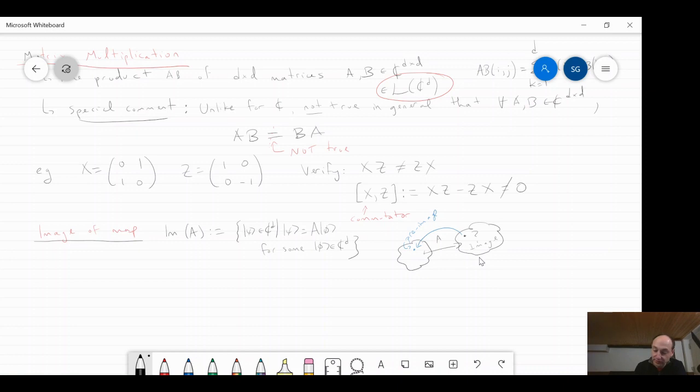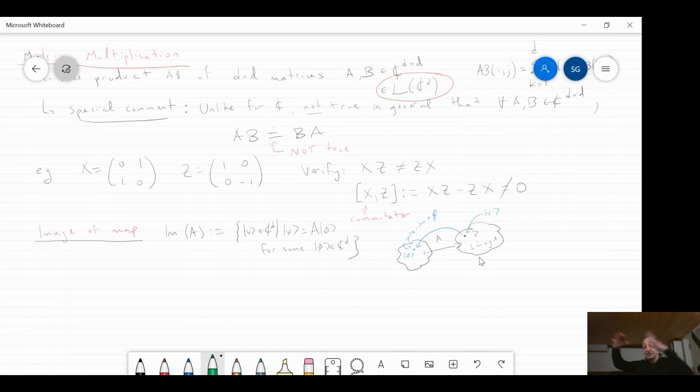Okay, so in this picture, let's be very clear. In this picture over here, this one here is going to be my psi. So this set is a set of all output vectors psi over here, such that there was some pre-image phi I could have started with and shoved phi through the map to get back to psi. Okay, and that's what this phi is. There's some phi that was the pre-image. Okay, so that's the image.